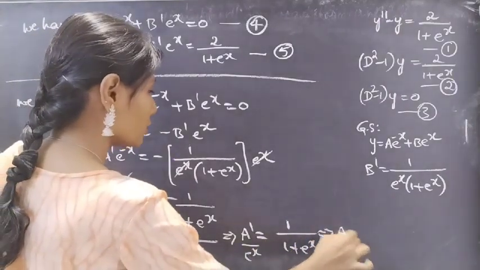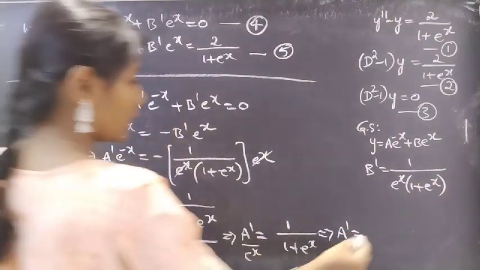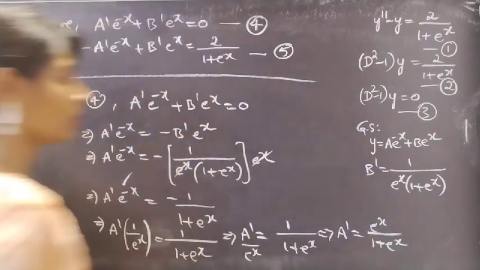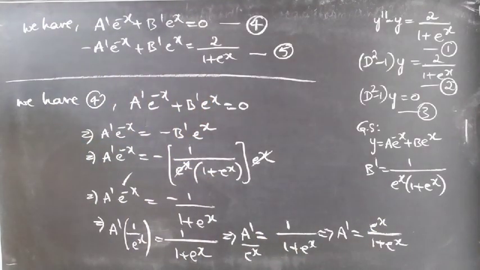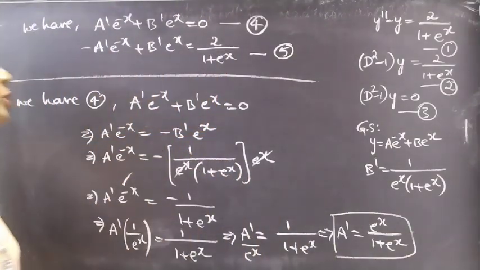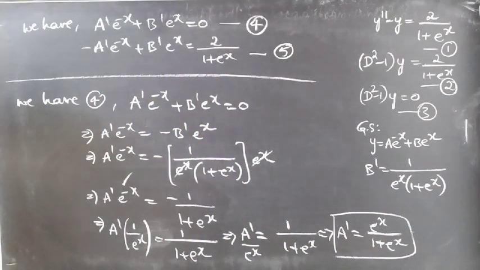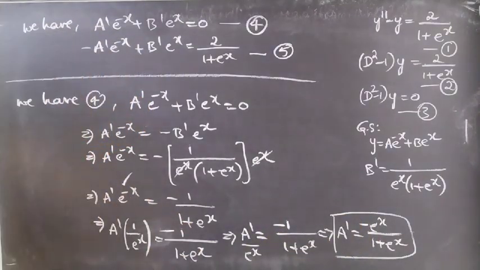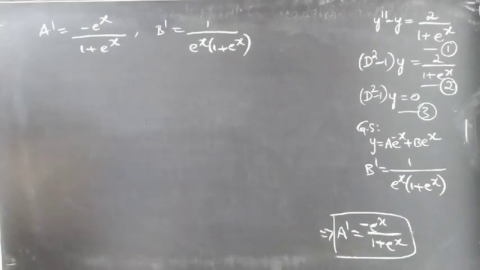From this we'll get a' = -e^x/(1+e^x). So we got a' here by substituting b' in 4. I forgot to write this minus. Now we have a' and b', right?